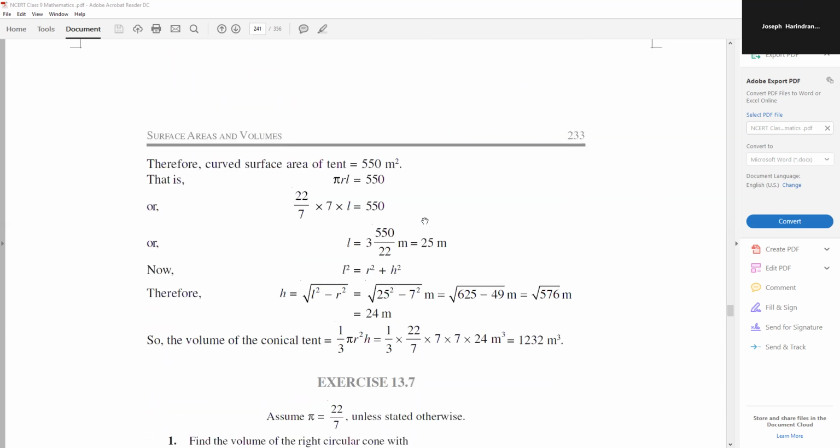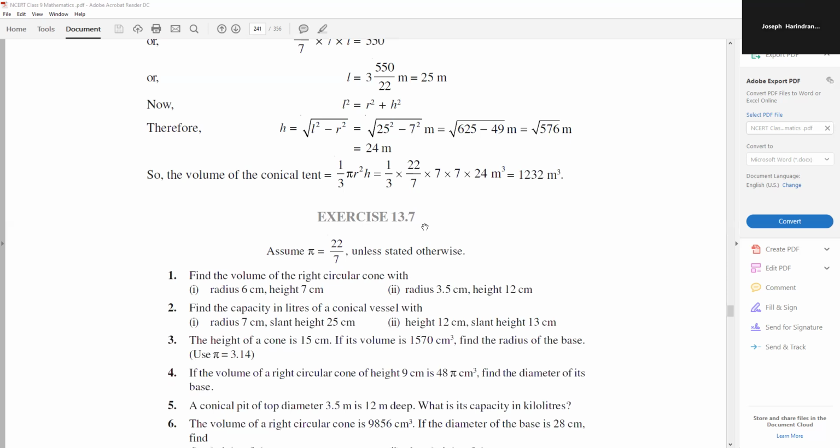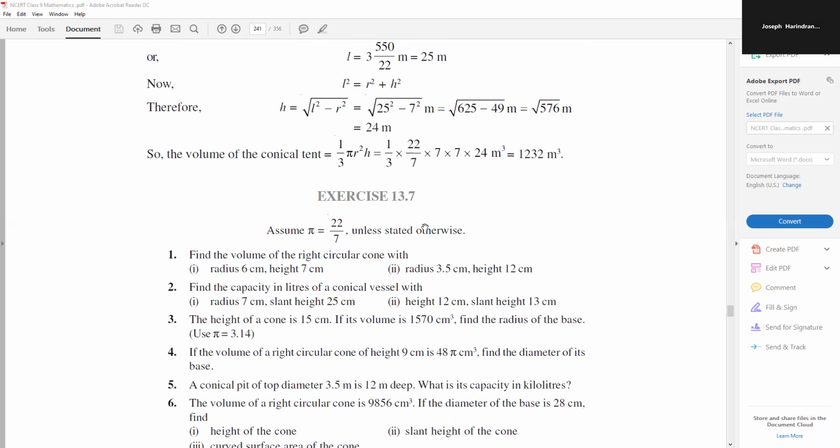Now, the curved surface area of the tent, pi r l, is equal to 550. Since there is no mention of pi in the question, we take it as 22 by 7, into 7 into L. So directly we get 22L equal to 550, so L is 25 meters.